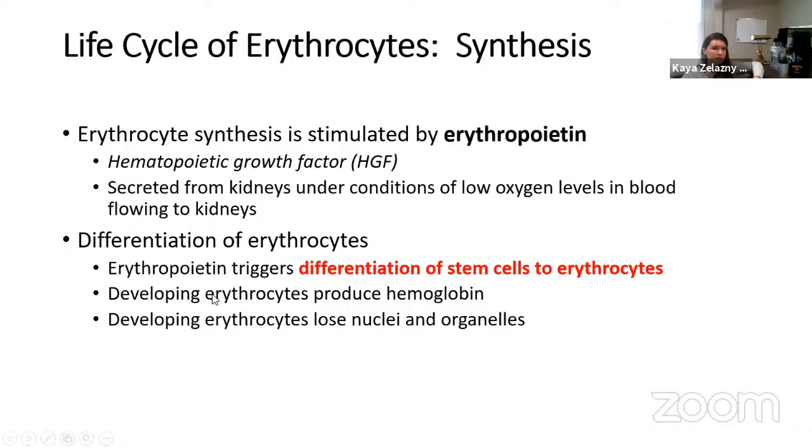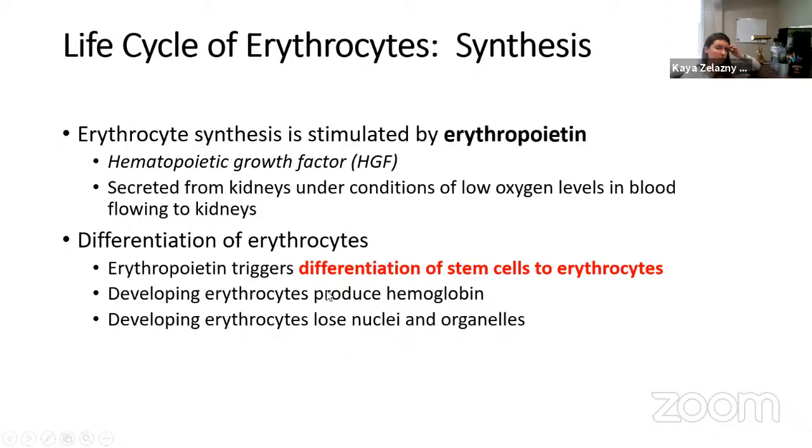As the erythrocytes develop, they produce hemoglobin. And it's actually important here that we're highlighting developing, because in order to produce hemoglobin, a protein, in order to make proteins, we definitely need ribosomes, right? We can't do it without some of those cellular components. So they produce hemoglobin before they lose their nuclei and organelles.